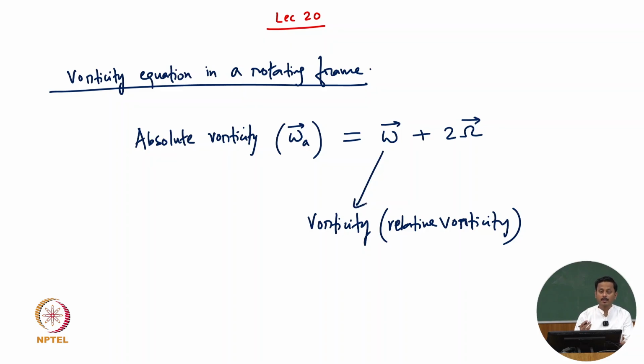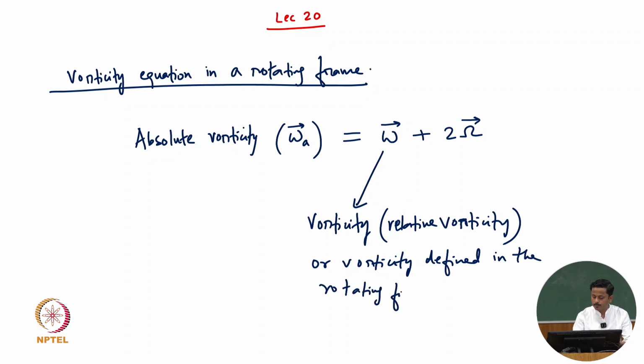But given the fact that now the frame of reference is also moving, we now term this as relative vorticity, because this is the vorticity with respect to the rotating frame of reference, or vorticity defined in the rotating frame of reference. And this is the vorticity that we will be measuring.